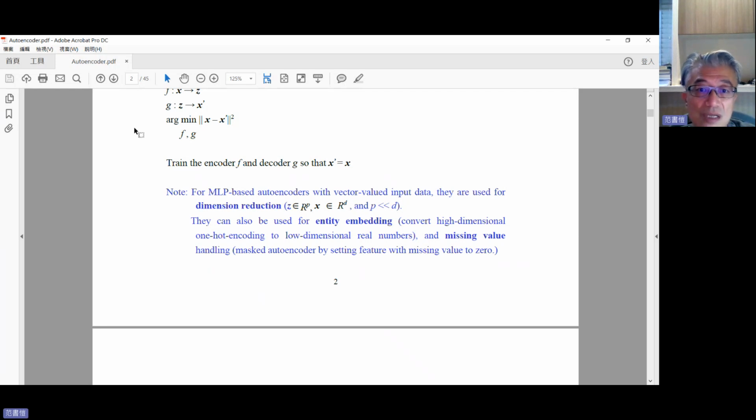So for the masked autoencoder, we set features with missing values to zero, or to black or white. The reconstruction capability can be reconfirmed by using the denoising autoencoder.